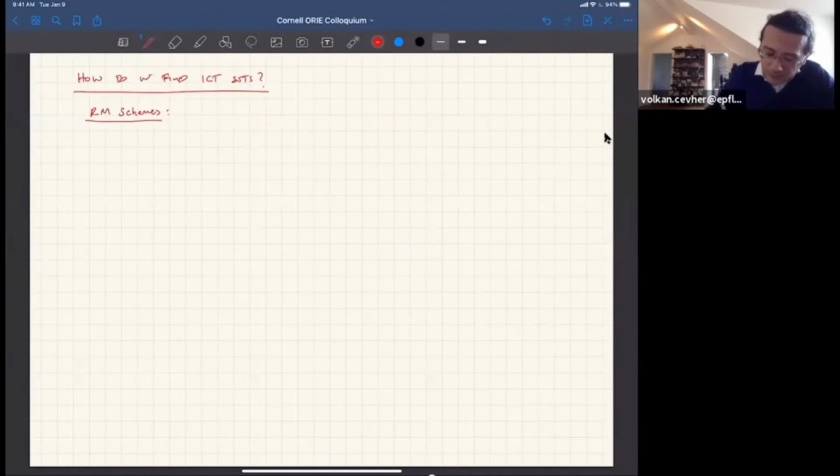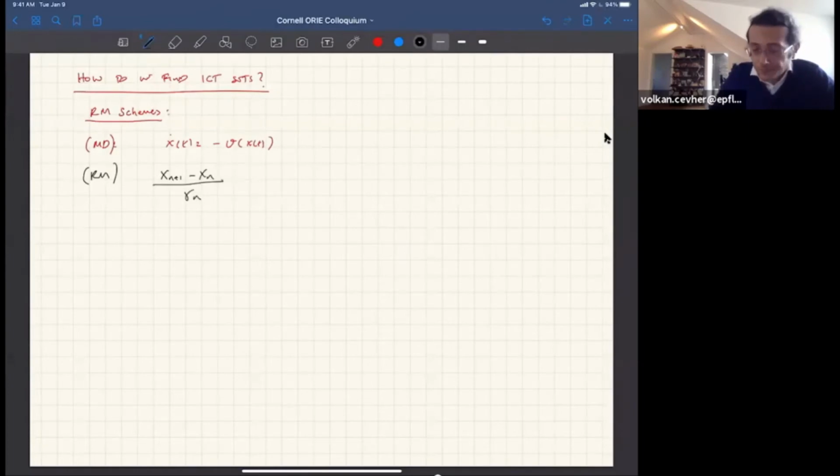Recall the mean dynamics, which is x dot t, sorry, xt. Now consider RM schemes. So this is like the discrete approximation. These are capital X's, not calligraphic capital.